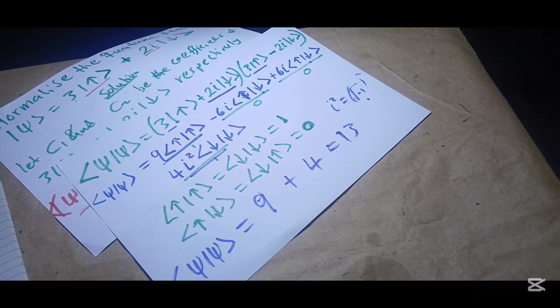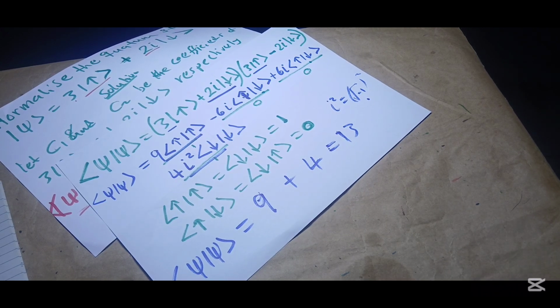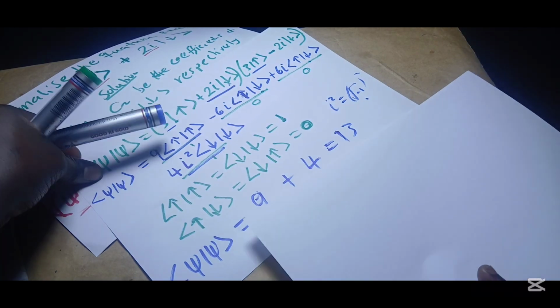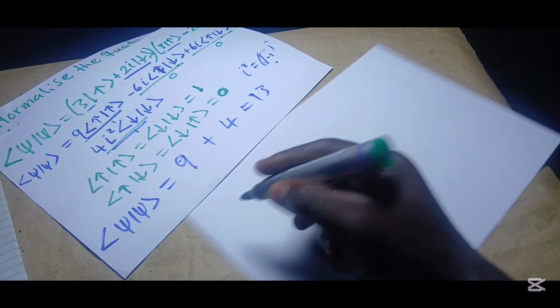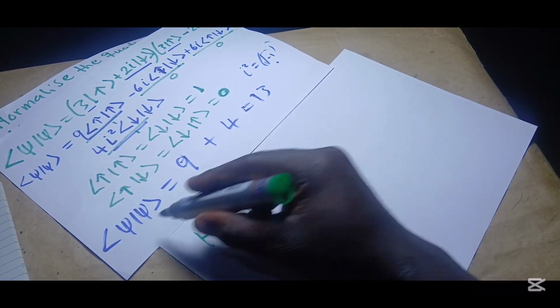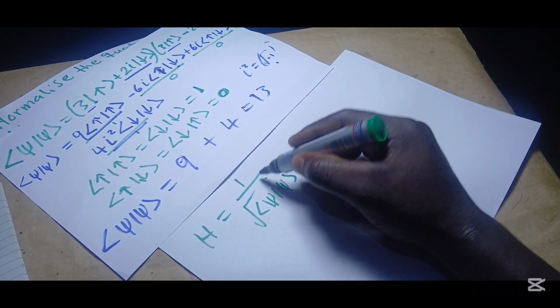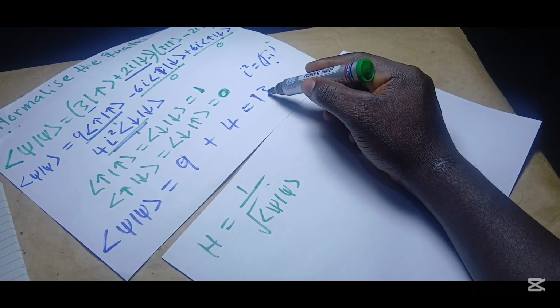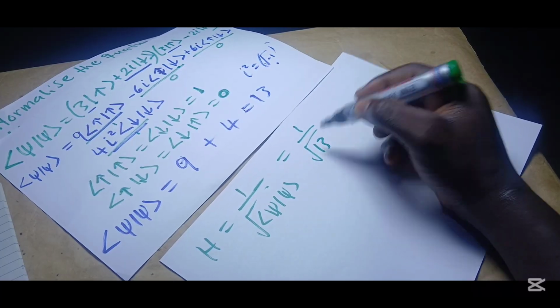13. Then after we are done with this, we calculate our normalization constant. The normalization constant is just going to be the same formula. So N equals 1 over the square root of ⟨ψ|ψ⟩. In this case, we had it to be 13, so equal to 1 over square root of 13.